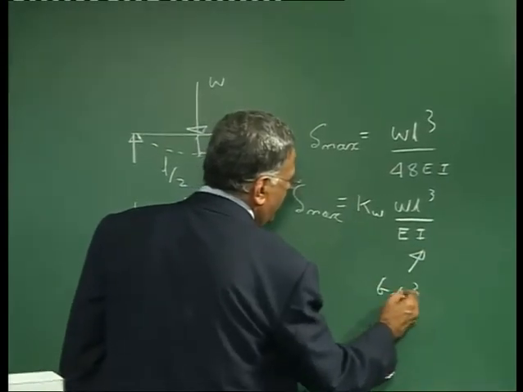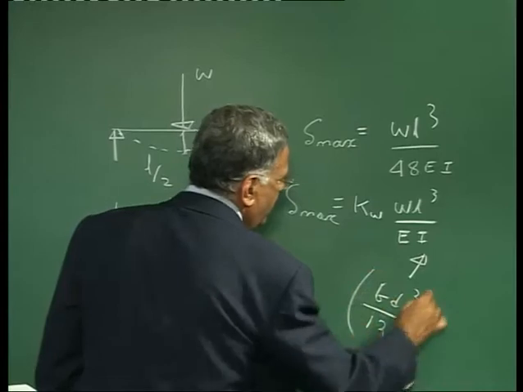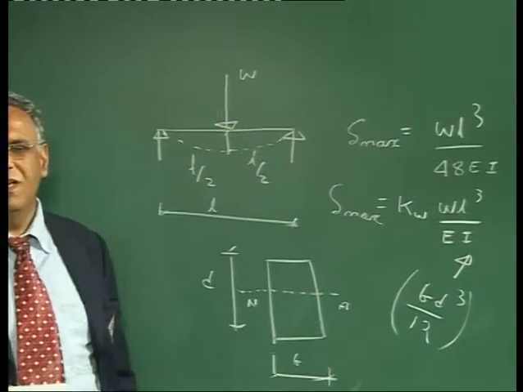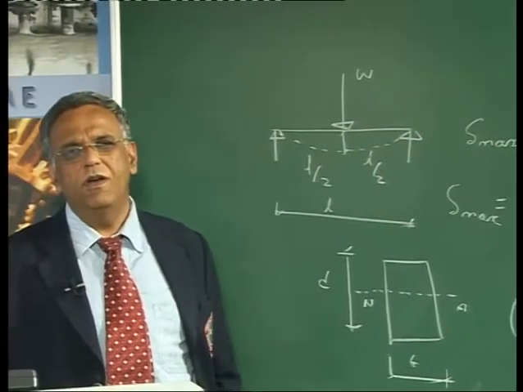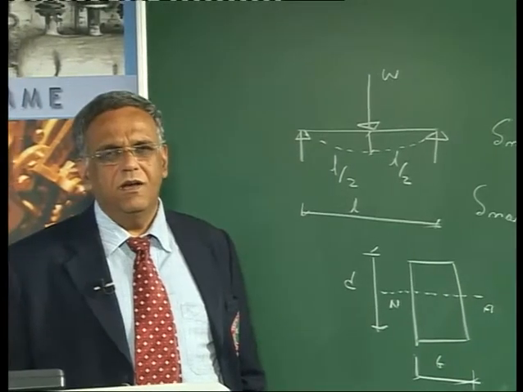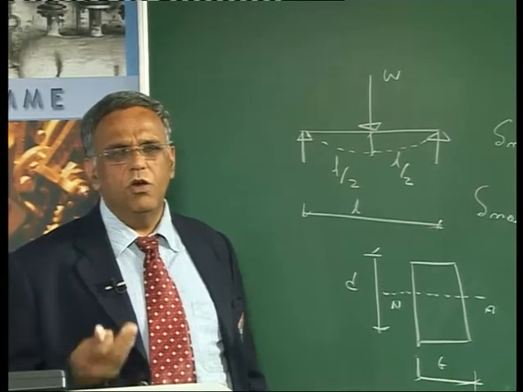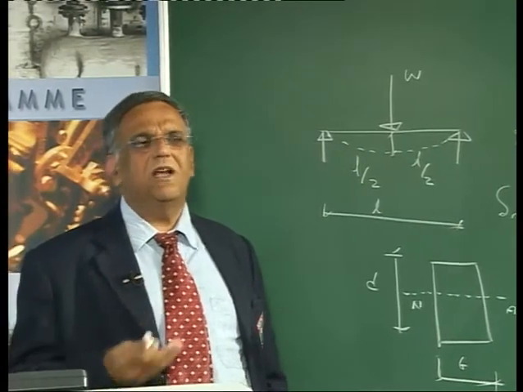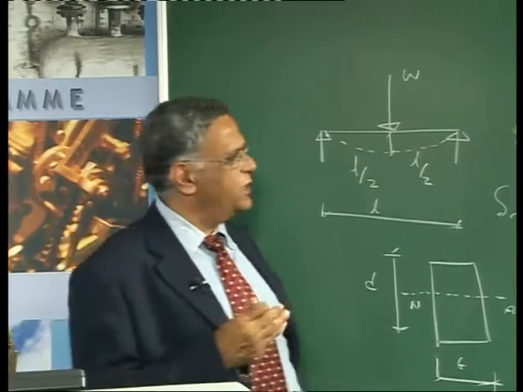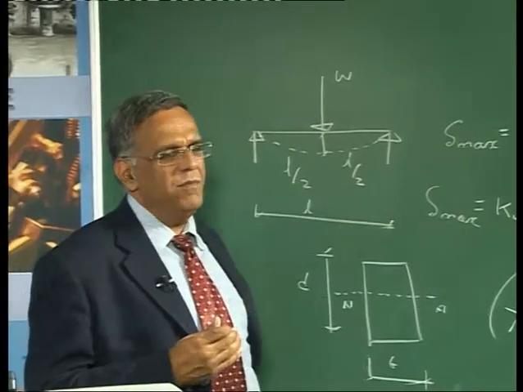RCC is not a material where you can straight away write this BD^3 by 12. Instead, you have to substitute the value of I effective. This calculation of I effective I am going to explain while working out the problem.